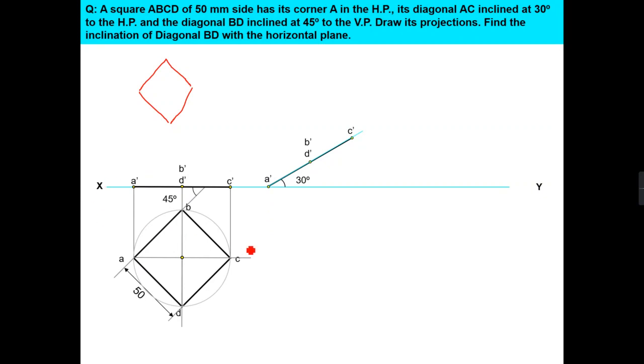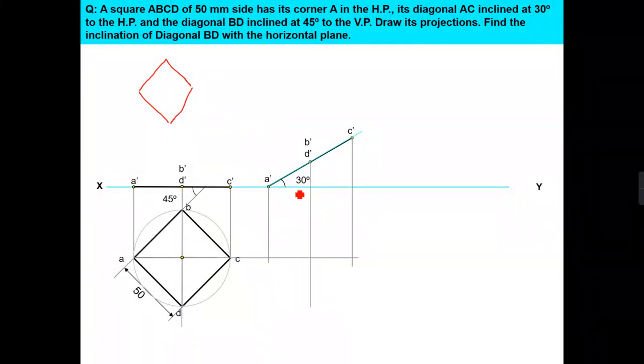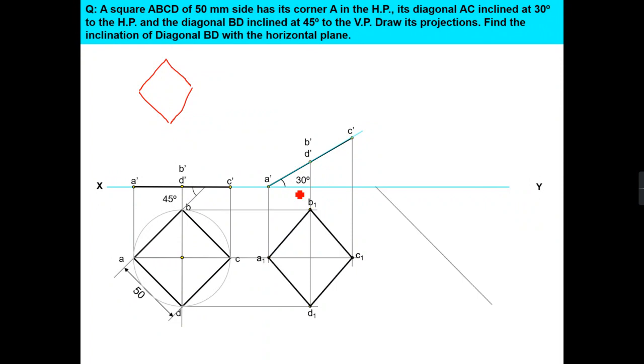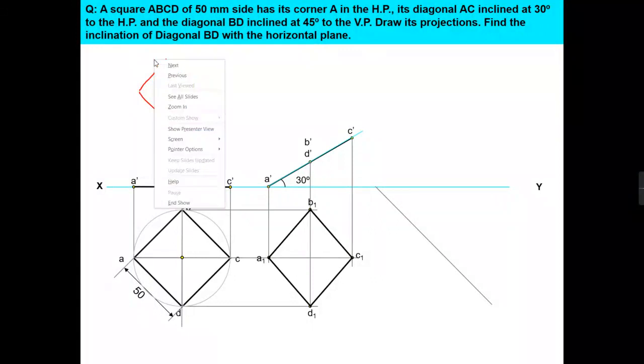After that I can draw a top view of this plane when it is inclined at 30 degrees. So it is the same procedure. After that, it is given that the diagonal BD is 45 degrees with the vertical plane.